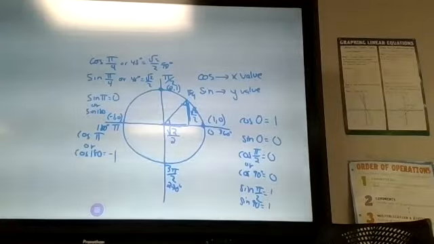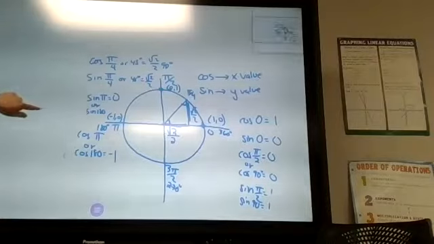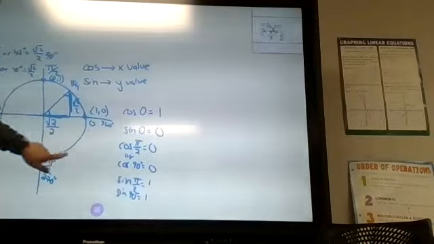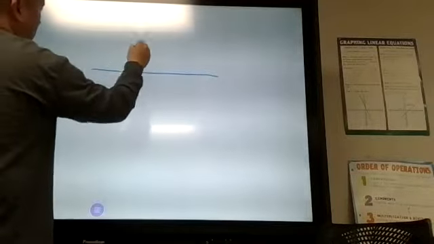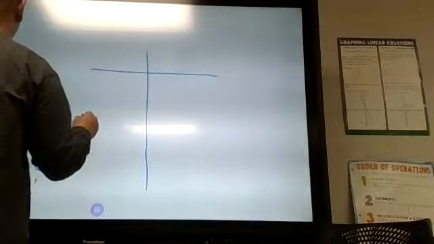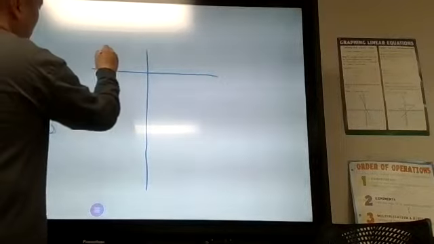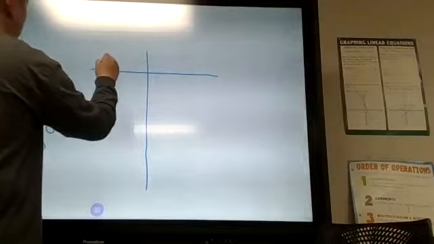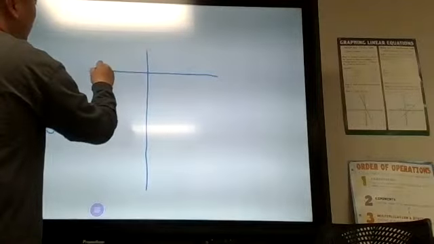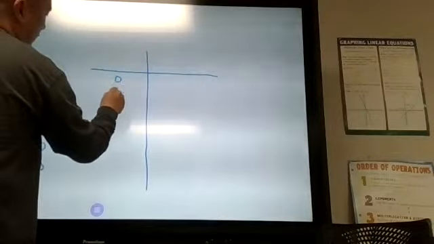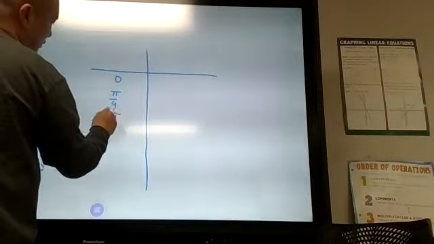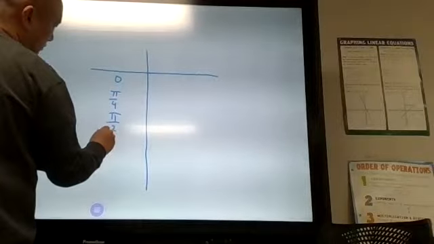All right? So hopefully this is working. Now, let's make a table out of this. All right? So right here, let's just do cosine. All right? So cosine is the x value, or let's say, sorry, the pi is the x value. So 0, pi over 4, pi over 2, right?